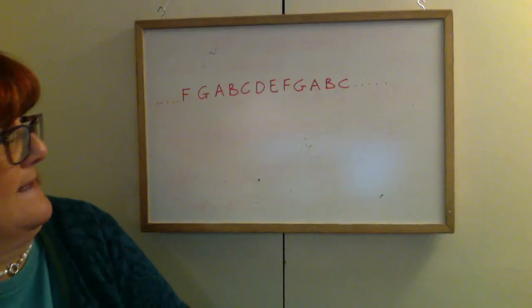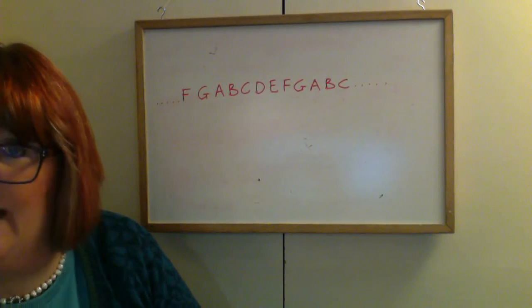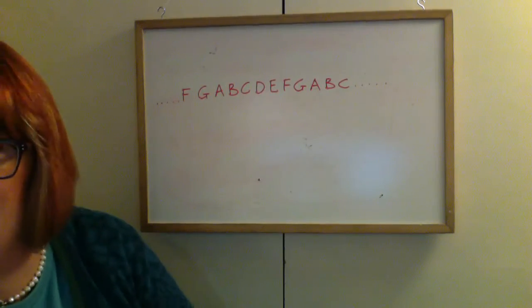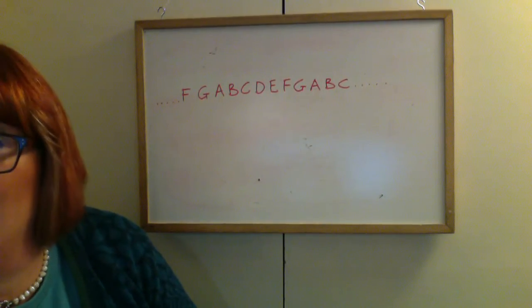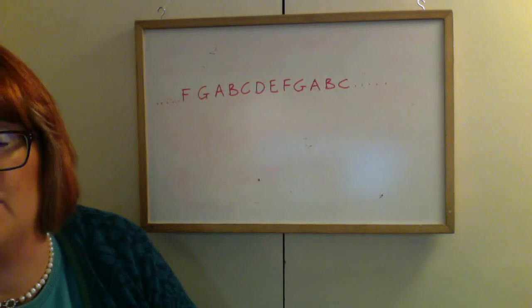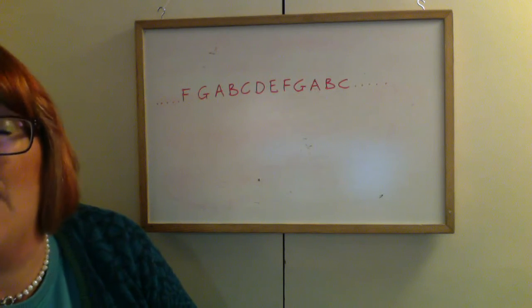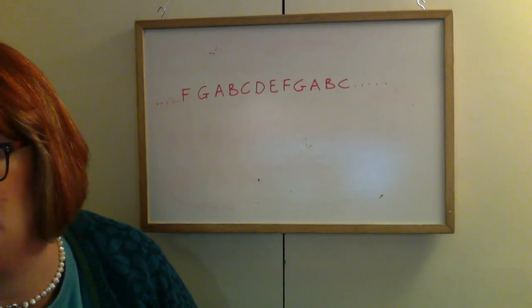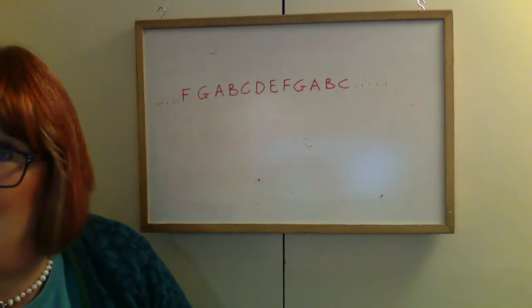Now, you might say to me, why have you written all the letters as capital letters? Well, that's because that's the name of the note. So just like your name, my name starts with a J for Janie. So it's always a capital letter.